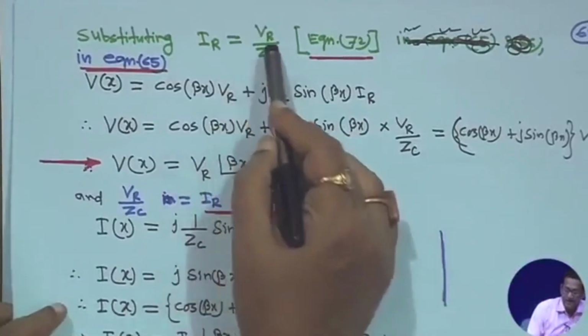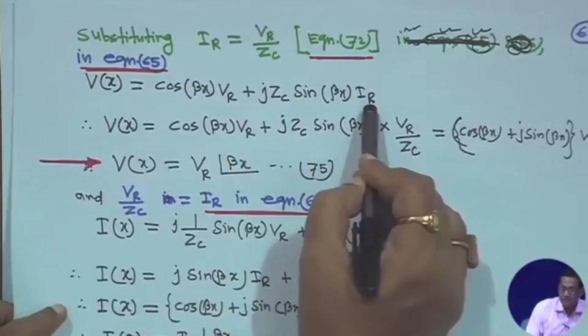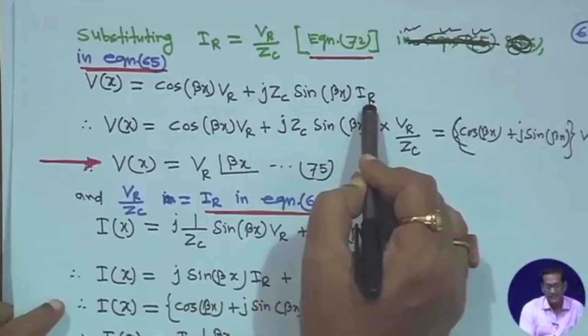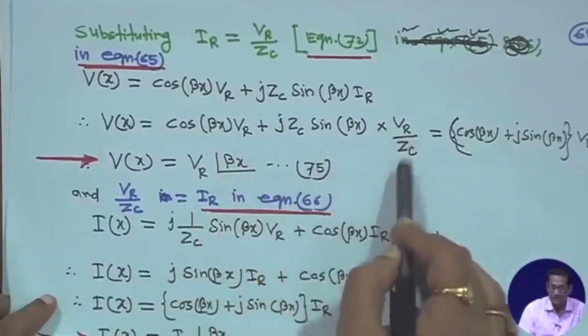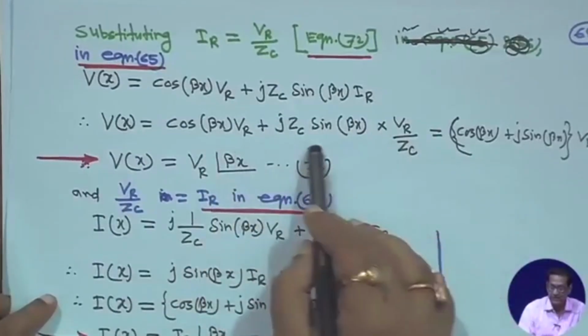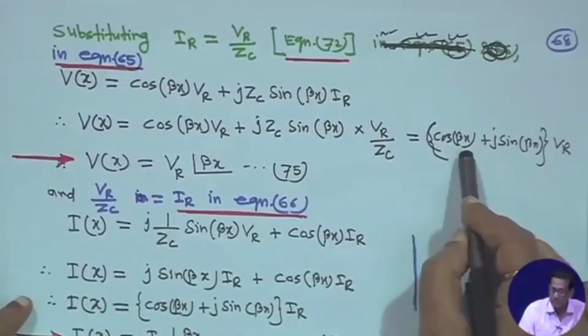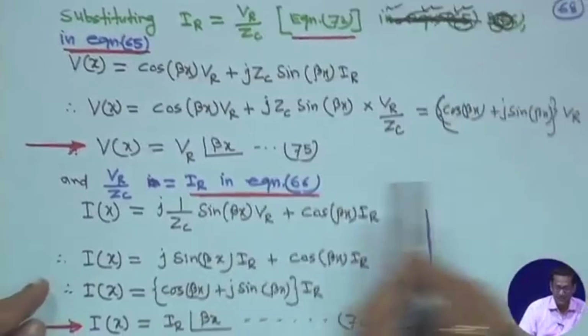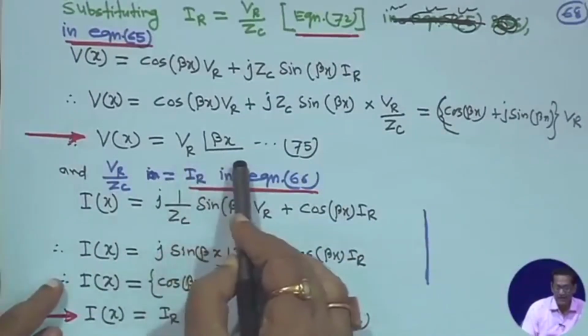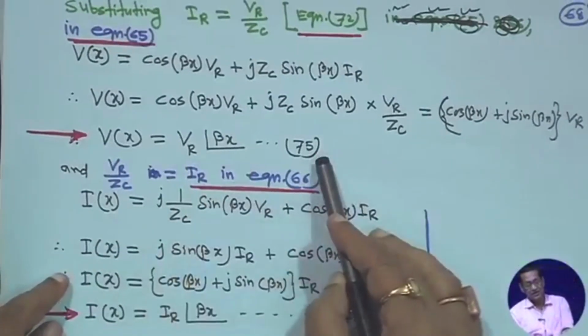Now you substitute IR is equal to VR upon ZC, then ZC will be cancelled, and it will become cosine beta x plus J sin beta x into VR. That means Vx is equal to VR angle beta x, this is equation 75.